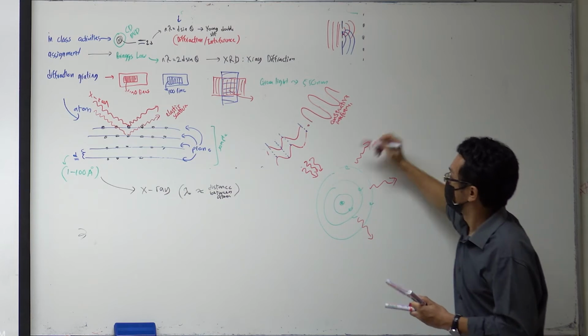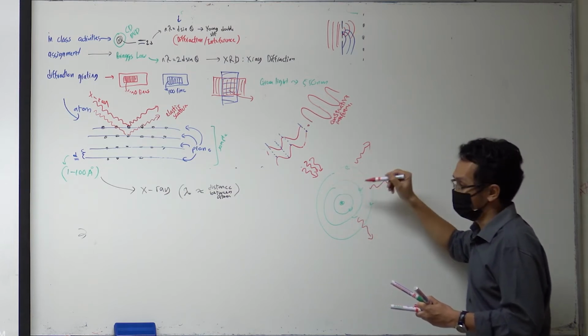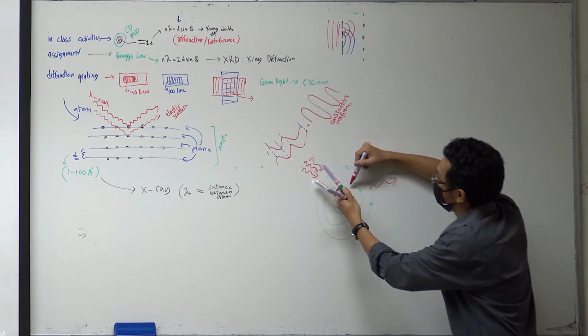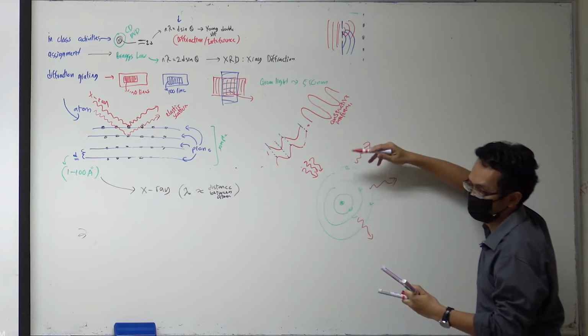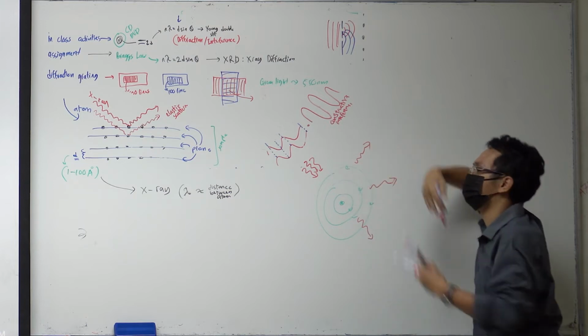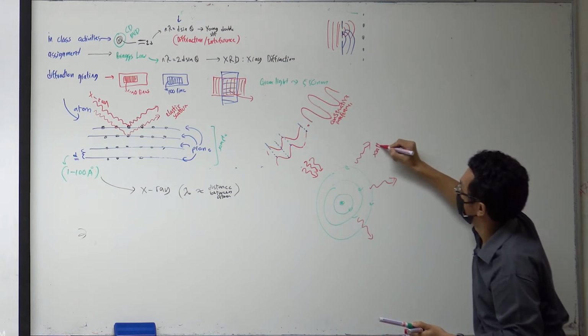When the electron is not excited, the X-ray comes in and is scattered, reflected, because of conservation of energy. If you don't absorb it, you need to re-emit it. That's why you get this scattering.